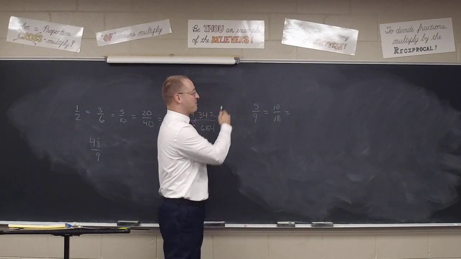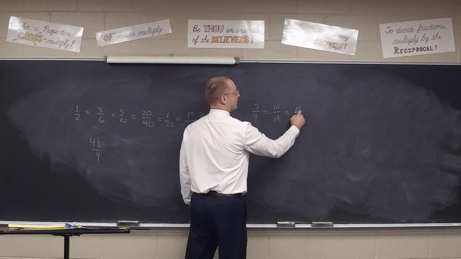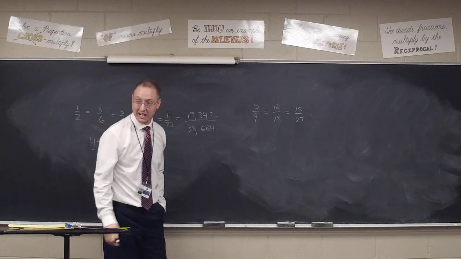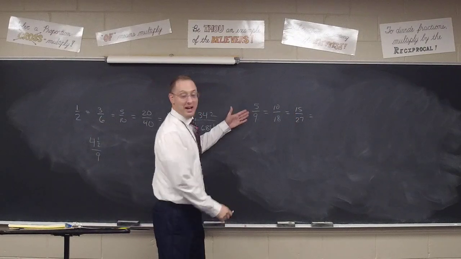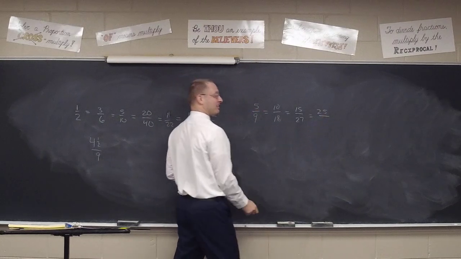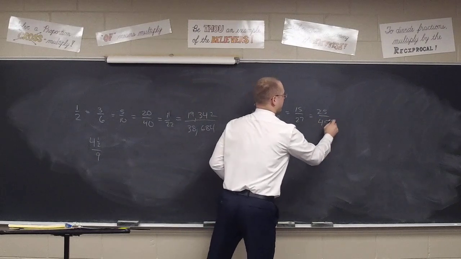Paige, what else could we multiply top and bottom by? 3. Okay, to get what? 15 over 27. Good. Or Sam might want to multiply top and bottom by 5, to get 25 over 45. Hey, good job.